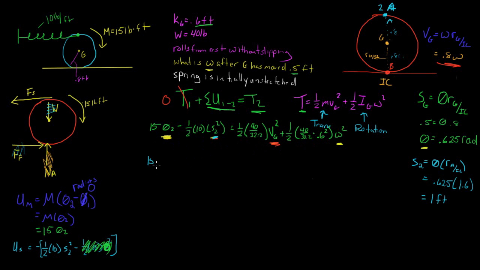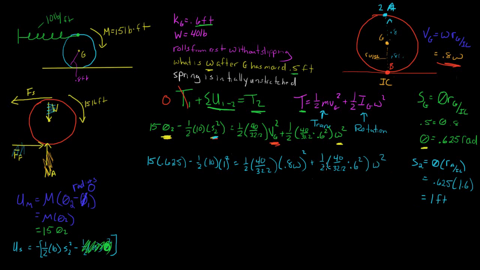And I get 15 times this 0.625 minus 1/2 times 10 times 1 squared is equal to 1/2 times 40 over 32.2 times 0.8 omega squared plus 1/2 times 40 over 32.2 times 0.6 squared times omega squared.